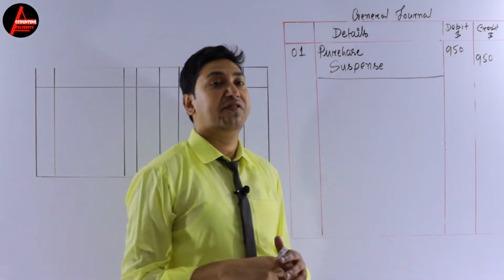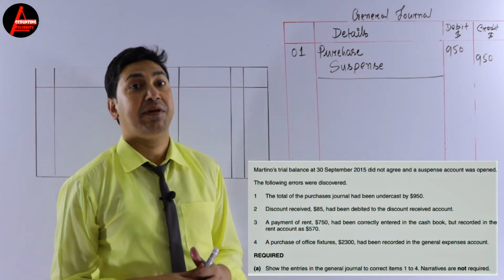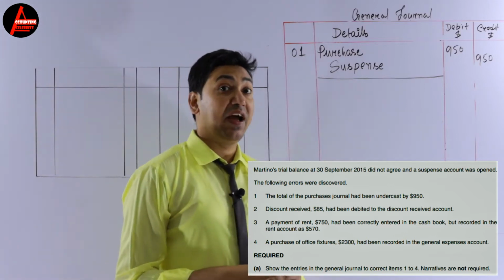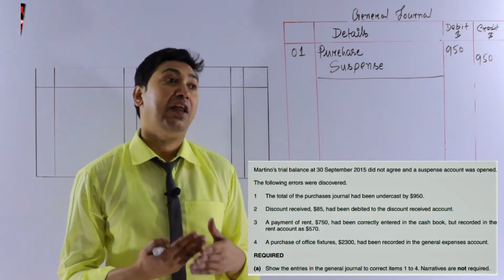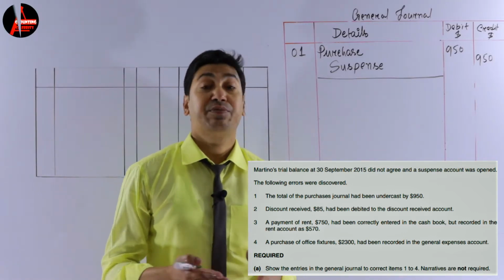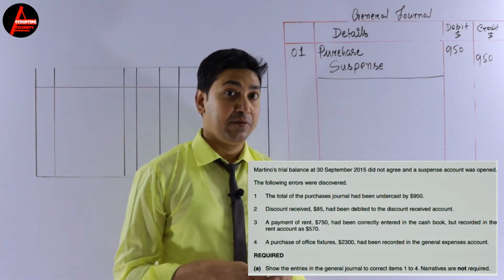Okay, now we have here number two. Discount received $85 had been debited to the discount received account. So discount received is an income, and when income increases, income must be credited, but mistakenly here it is debited.